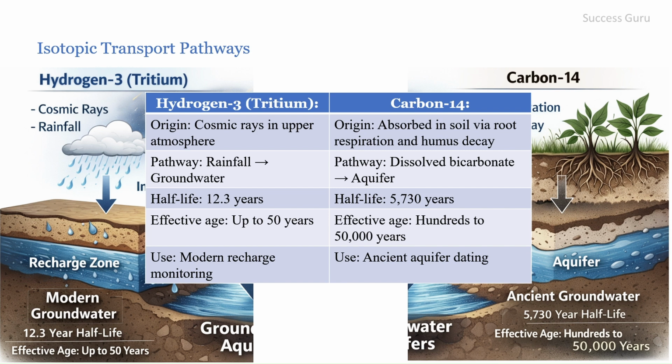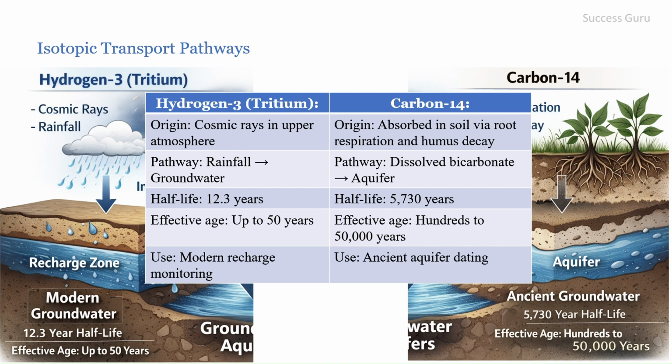Its main pathway is dissolved bicarbonates moving toward the aquifer. The half-life is 5,730 years, so we can calculate ages efficiently up to about 50,000 years. This type of dating is used for ancient aquifer dating. These are the two prime isotope dating techniques we can use in groundwater age calculation.